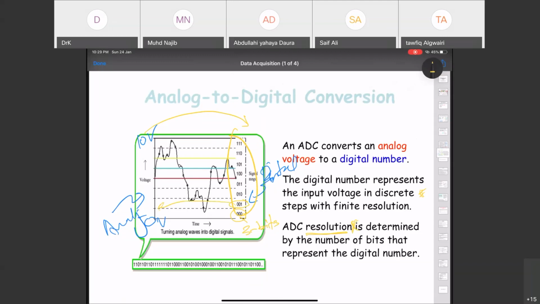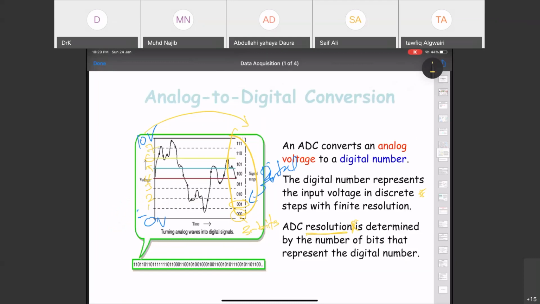For example, here I have 1 volt, this is 2 volt, 3 volt, 4, 5, 6, 7. Okay, 7 volts.